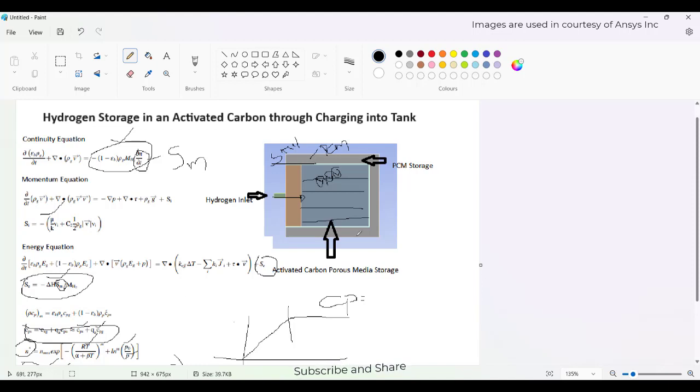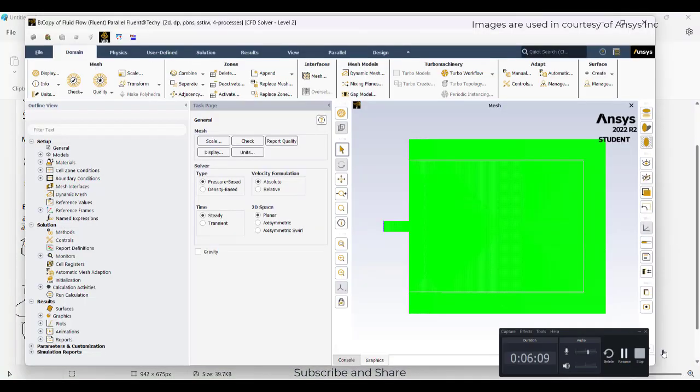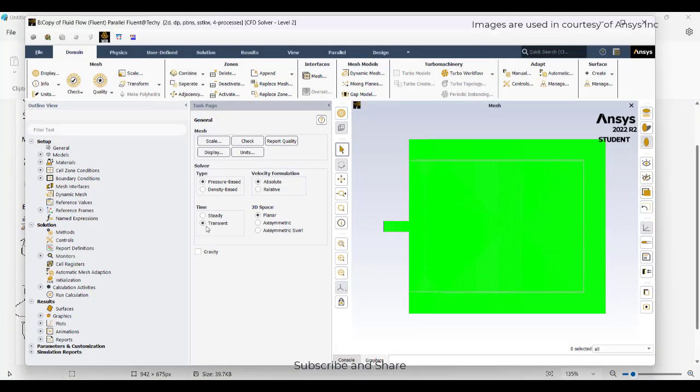So now we will just go through the ANSYS Fluent tool, how to add all these source terms into the hydrogen, to simulate the hydrogen storage process in an activated carbon. Okay, so now just activate the transient, and gravity is in minus 9.81, right?